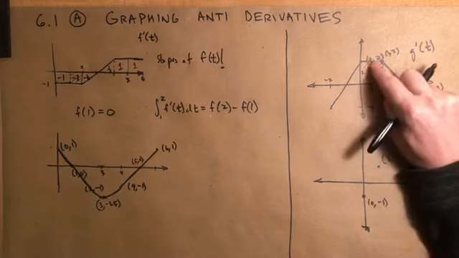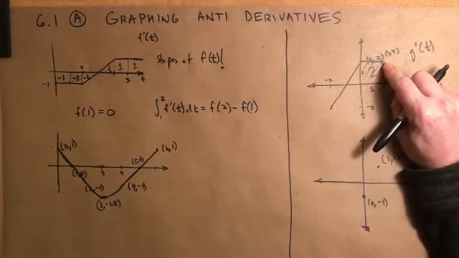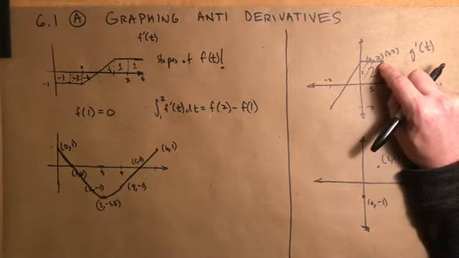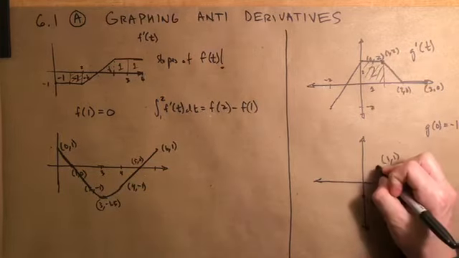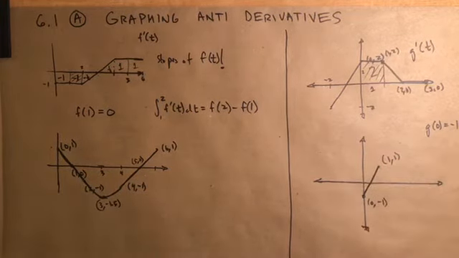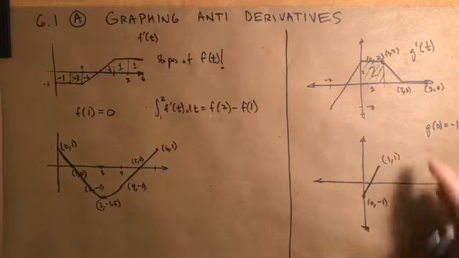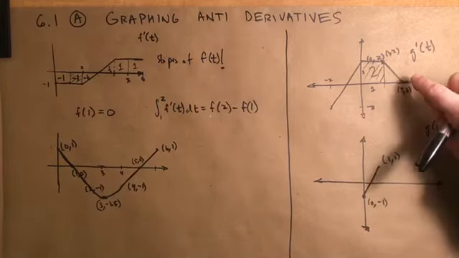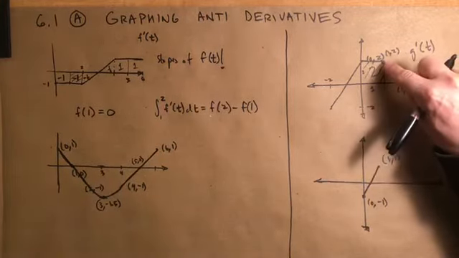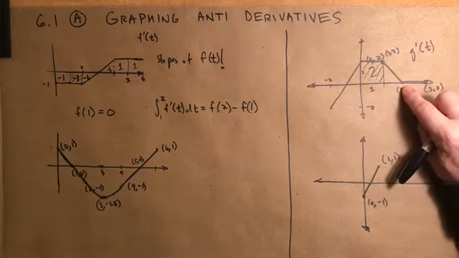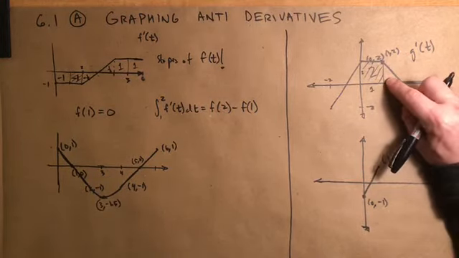Keep in mind, once again, that this is a constant, and the antiderivative of a constant is a linear function. I mean, the slope here is 2. Okay, let's go again. Now, in going from this point, 1, 2 to 2, 0, what's the area there?